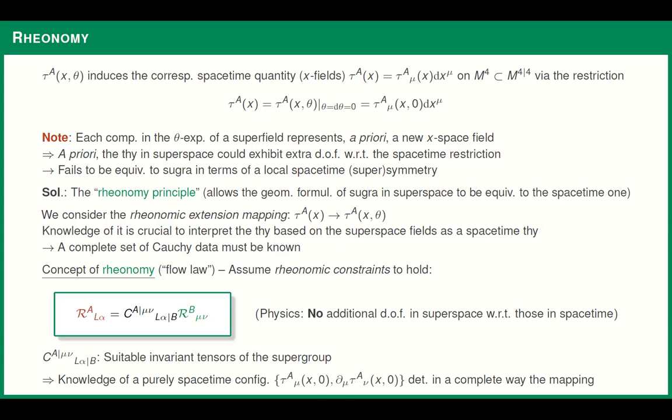What is this? This is the requirement that the outer components of the supercurvatures are expressed as linear tensor combinations, algebraically, in terms of the inner ones, that is of the physical ones, the space-time ones. In other words, this is just telling us that we don't have extra degrees of freedom in superspace with respect to the theory on space-time.